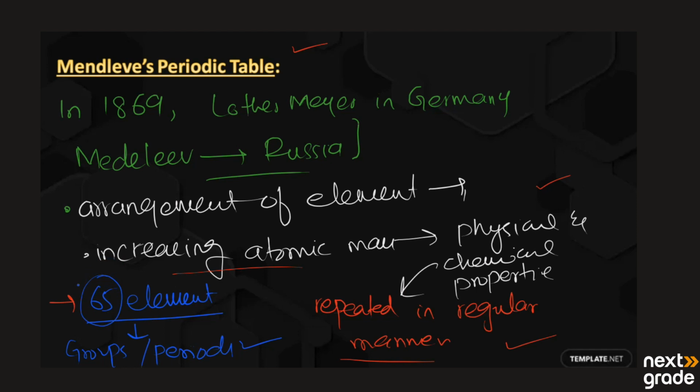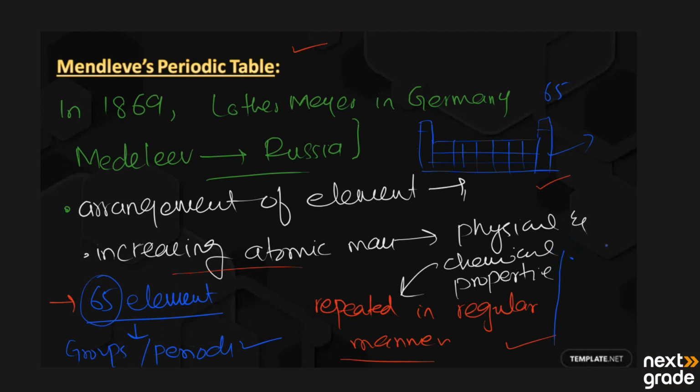We have a simple sketch of the periodic table. He arranged almost 65 elements and left vacant spaces for the remaining undiscovered elements.